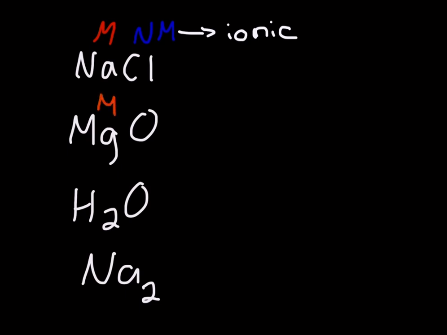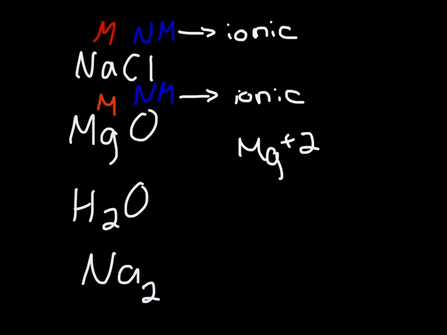Similar to NaCl, magnesium oxide: magnesium is the metal, it's on the right side of the table, and oxygen is a nonmetal on the left side of the table, making it ionic.